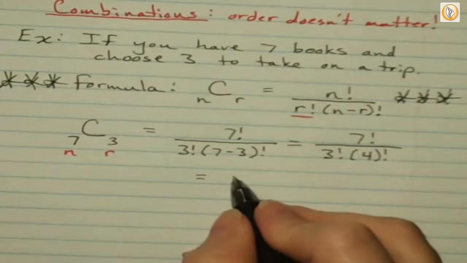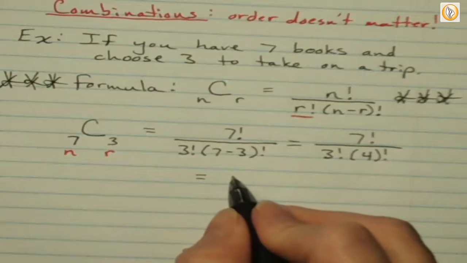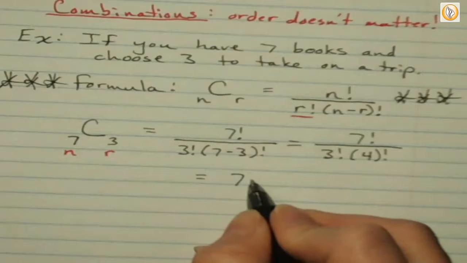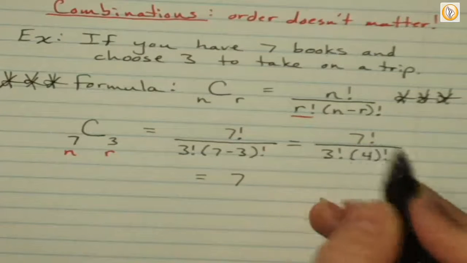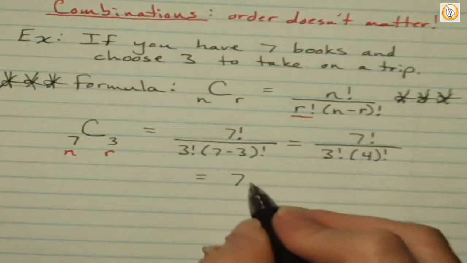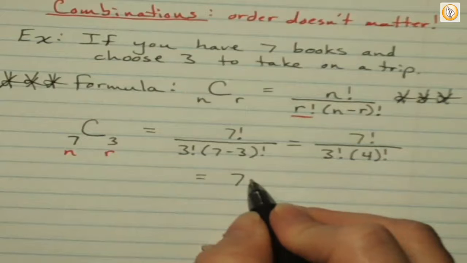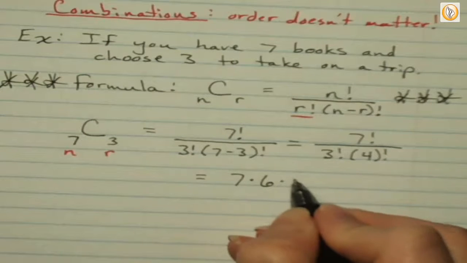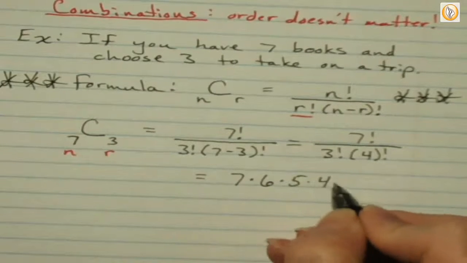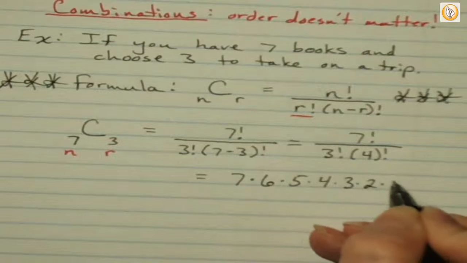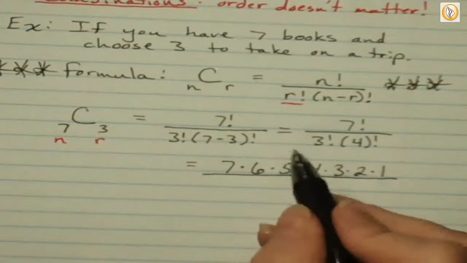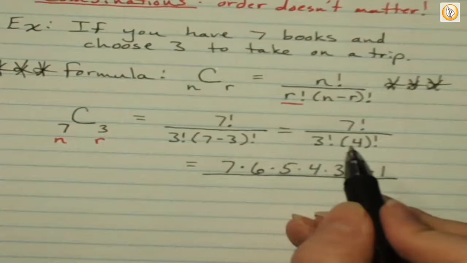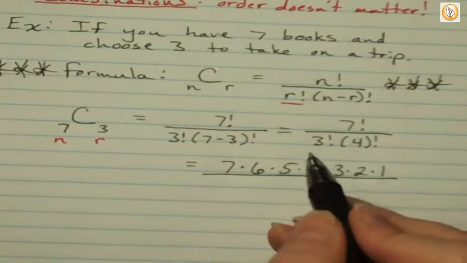So 7 factorial is on top. Joseph, how do I write that? 7 factorial over 3 factorial times 4 factorial. Okay, but we got that. How do I write 7 factorial? 7 times 6 times 5 times 4 times 3 times 2 times 1. Very good. Over, now here you don't do 3 times 4 gives you 12 factorial. We're not doing that.